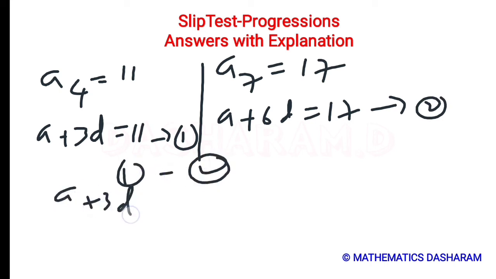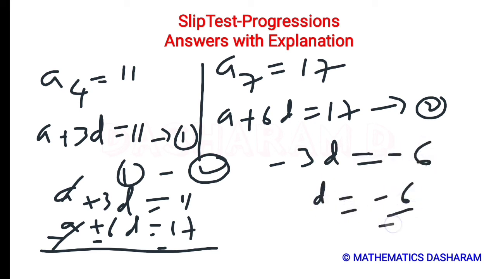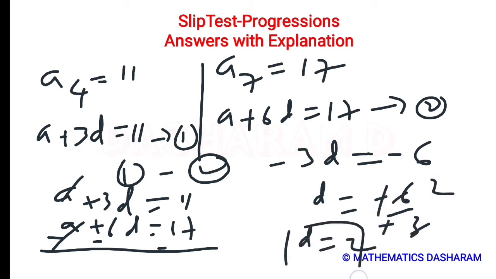So a plus 3d equals 11, a plus 6d equals 17. Now change the signs, plus a minus a cancels, 3d minus 6d is minus 3d, 11 minus 17 is minus 6, then d equals minus 6 by minus 3, 3 twos are 6, so d equals 2, so the common difference is 2.